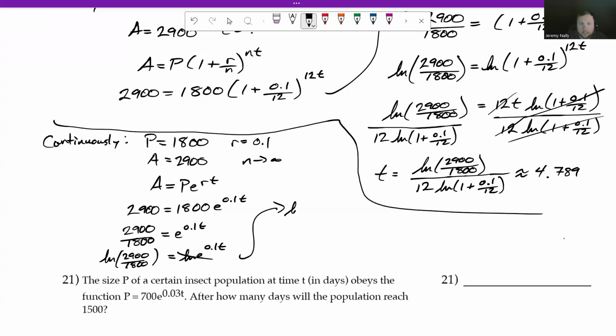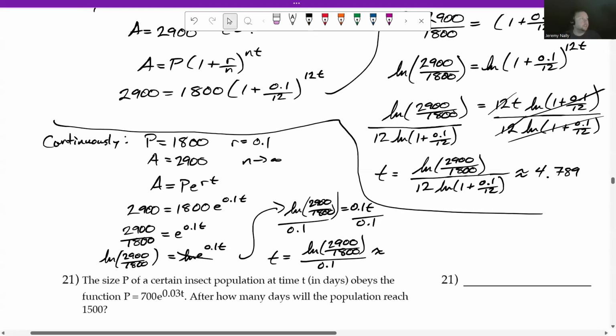So now I have the natural log of 2,900 over 1,800 is equal to 0.1 times t. Divide both sides by 0.1. And now I have t is the natural log of 2,900 over 1,800 divided by 0.1. Okay, plug that into the calculator.